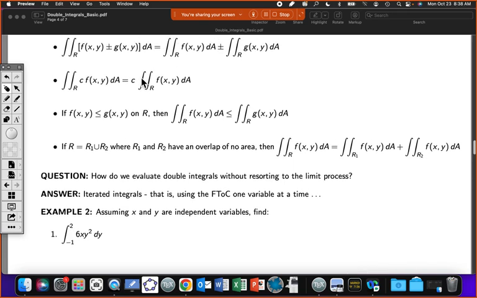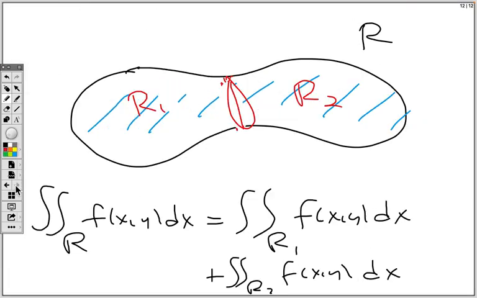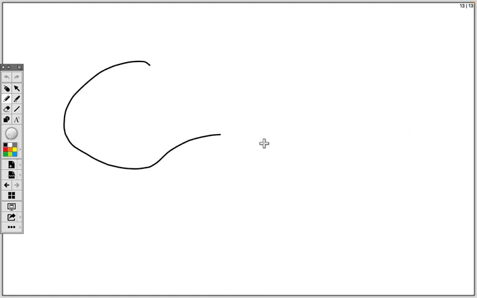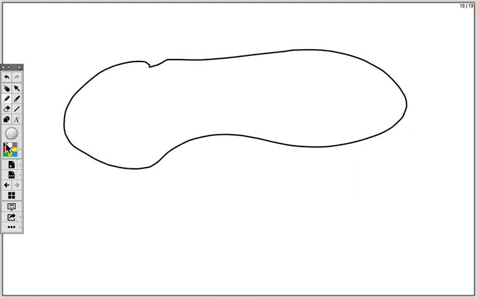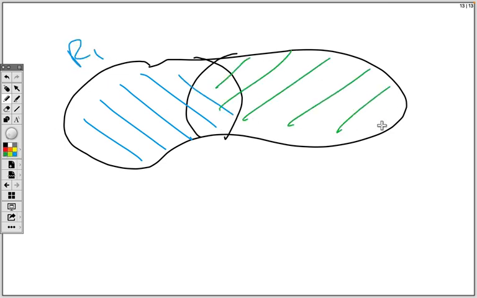Yeah, you could do that. Yep. If you had something that was more than overlap, so if you had, for whatever reason, something like this, and you called that R1, and you called that R2, and then you had some non-trivial overlap, so R1 intersect R2, yeah, you could totally do that.